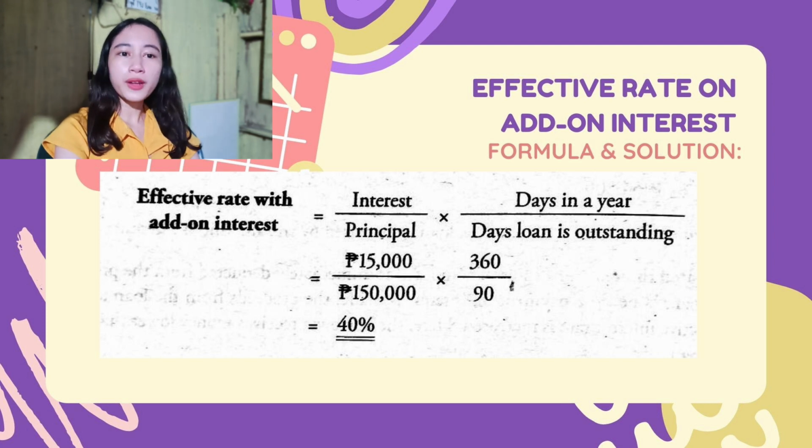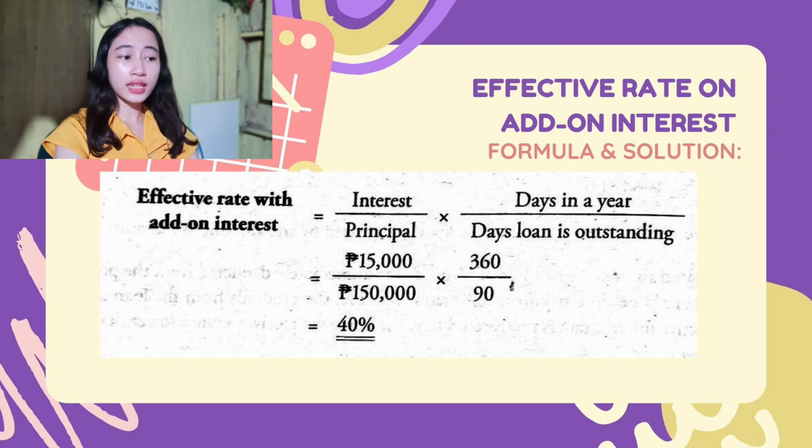The formula is the interest divided by principal, times days in a year divided by days loan outstanding. Since our interest in the problem is 15,000 and the principal is 150,000, we multiply it by 360 divided by 90.